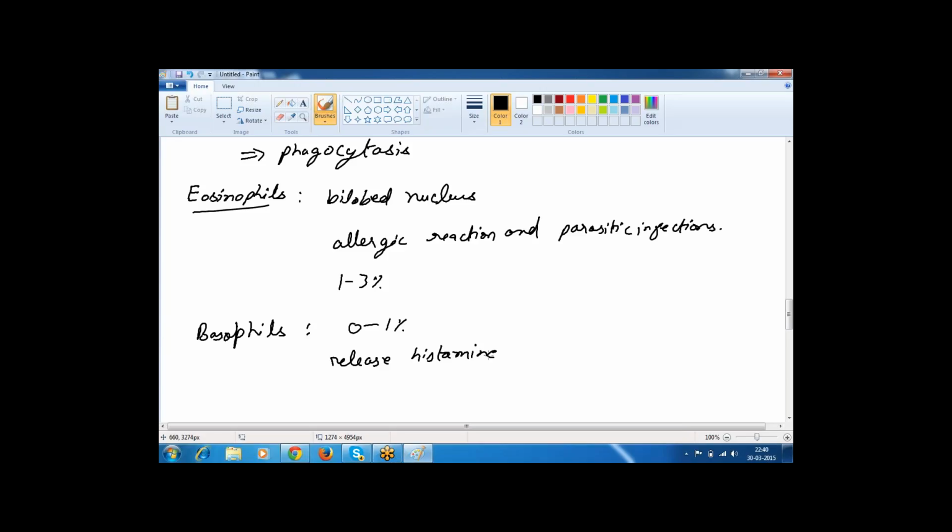Histamine is a very potent vasodilator and is released in inflammation. Basophils become mast cells and settle in tissues.